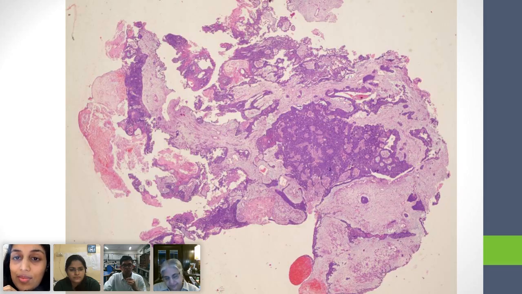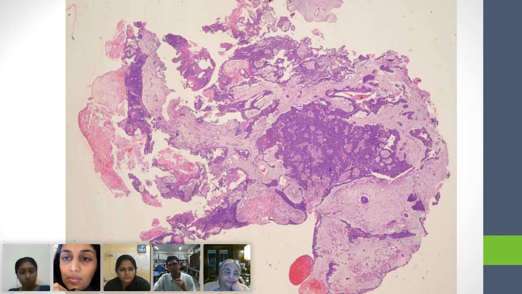The lesion is composed of basaloid-looking cells arranged in a vague solid and glandular pattern with surrounding loose stroma. Glandular. Okay. Now you have discovered glands in this thing.